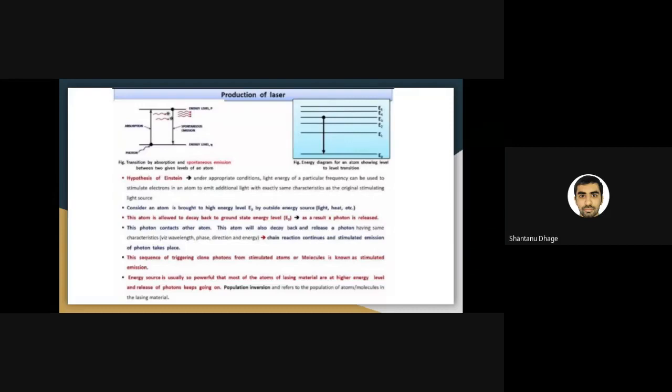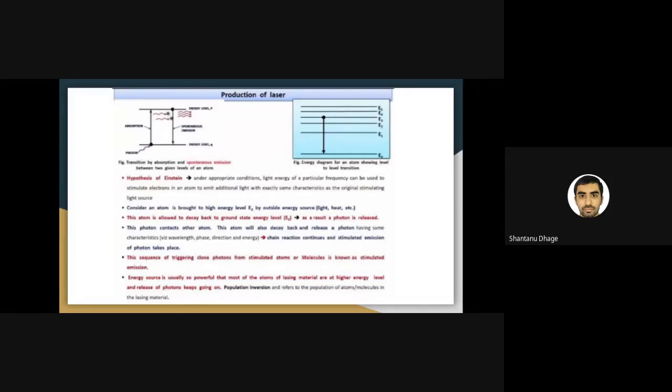Here is the absorption of the energy, and then from this Q level it moves to the P level, and when it decays back to the Q level, it will release the photon. So this is a transition by absorption and spontaneous emission between two given levels of an atom, that is from P level to Q level.